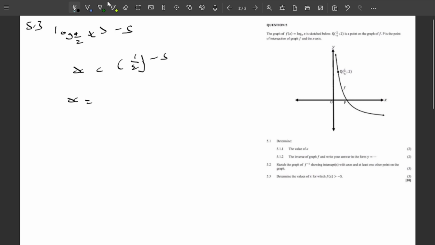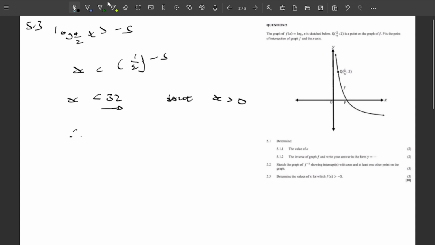Therefore our x value is going to be, sorry for this equal sign, you're not supposed to write the equal sign. It's going to be less than 32, right? But then we also have to find the interval in which our answer is found, where x is greater than 0.